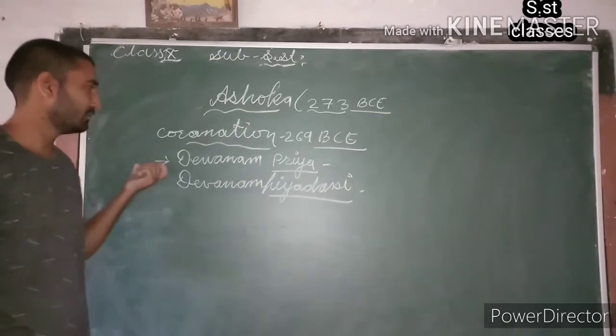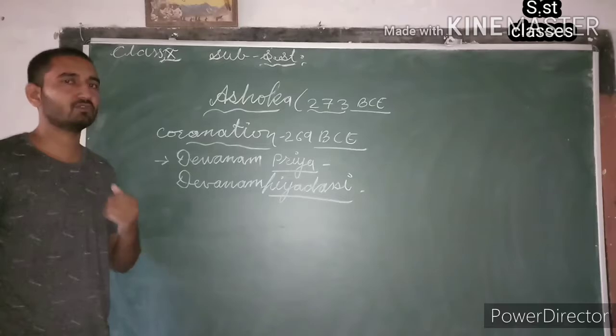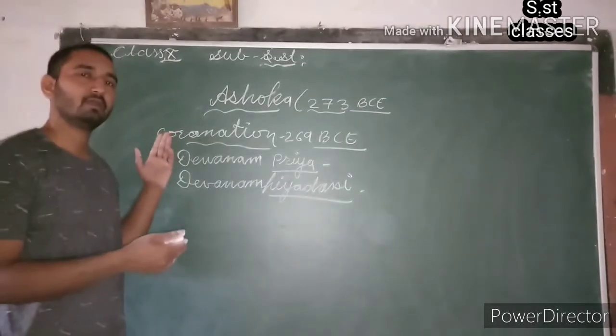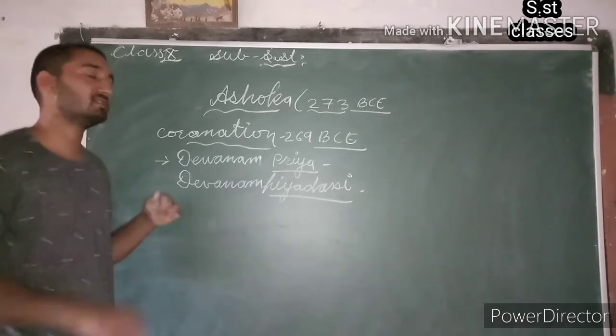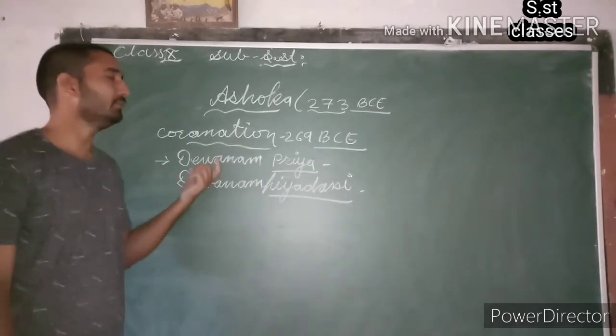Means in most of the rock edicts and inscriptions Ashoka is named as, or we can say that his name is referred with his title Devanam Priya and Devanam Priyadasi.